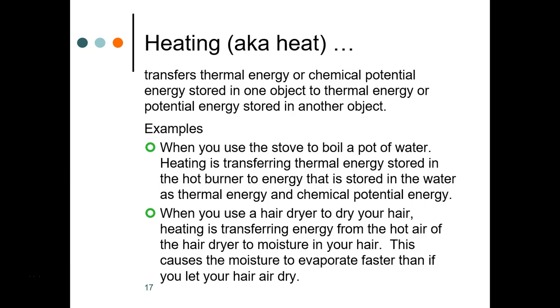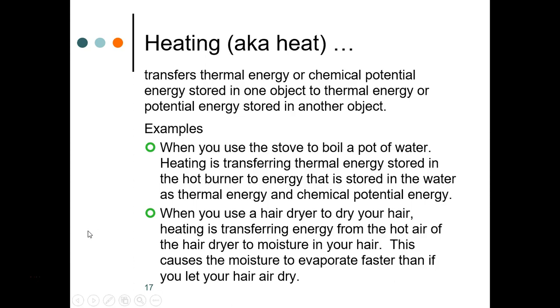Let's take a look at our last transfer mechanism, heating, also known as heat. The heating mechanism transfers thermal energy or chemical potential energy stored in one object to thermal energy or potential energy stored in another object. For example, when you use the stove to boil a pot of water, heating is transferring the thermal energy stored in the hot burner to energy that is stored in the water as thermal energy and chemical potential energy.